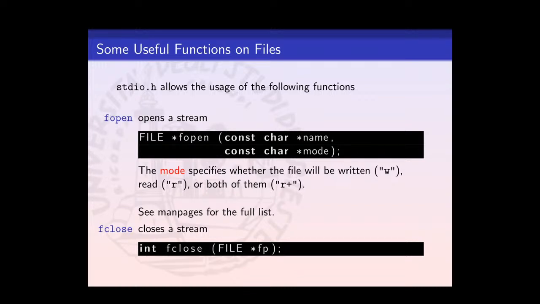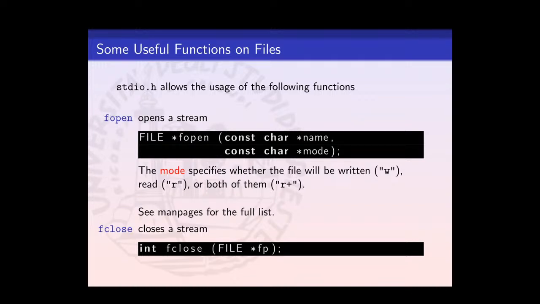So if you search man fopen, you end up in the manual of this specific function. Of course, once I have opened a file, the function fopen returns a pointer to a FILE data structure, which is meant to store a descriptor for the stream you want to deal with.